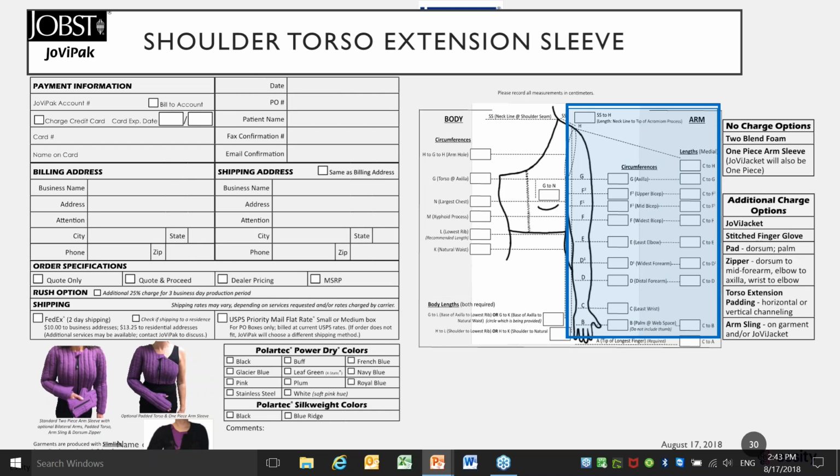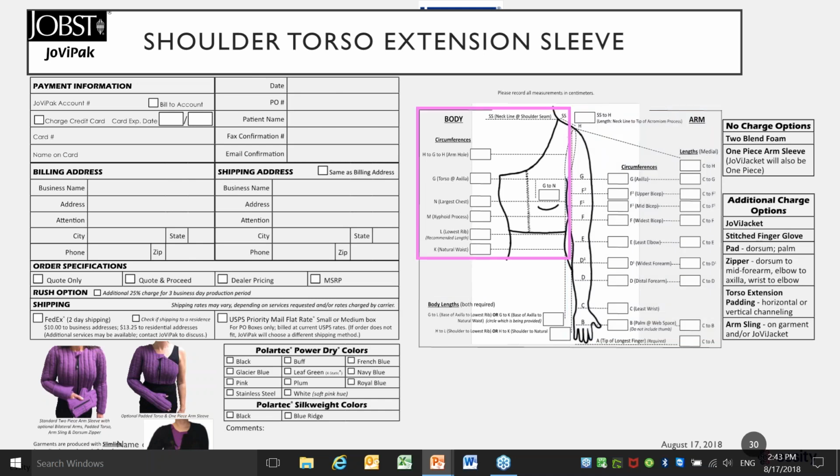And then we need the same for the body. We need circumferences and we need lengths. And that length is from the lowest rib to the bottom of the axilla, or into the armpit. It's just the same as the vest.